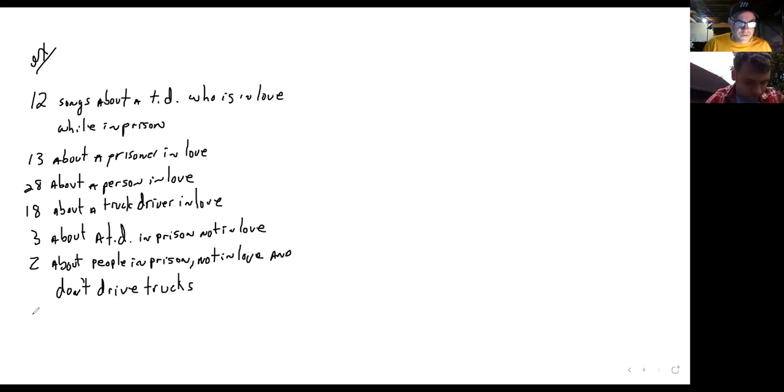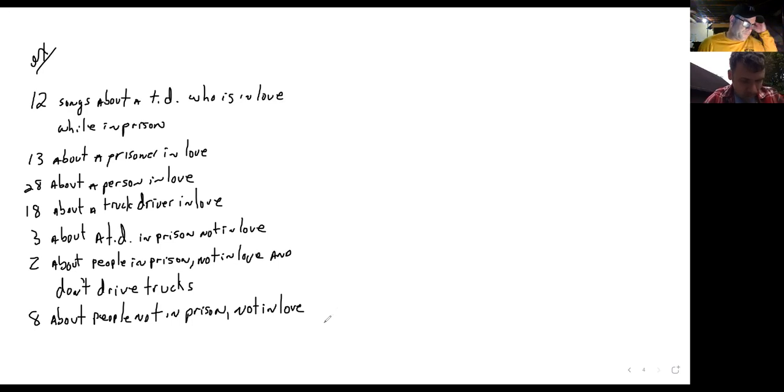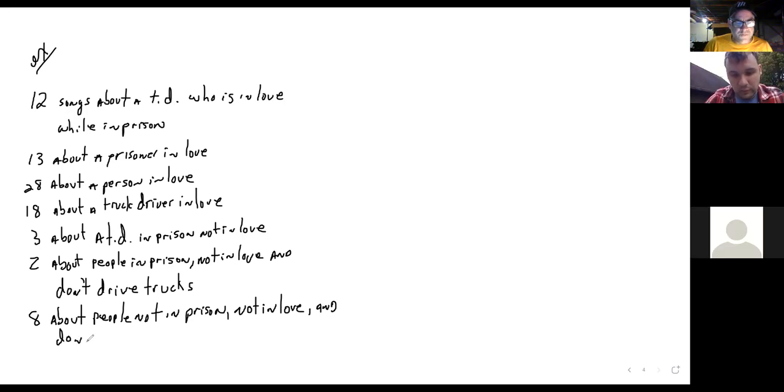And you have 2 more. 8 about people not in prison, not in love, and don't drive trucks.